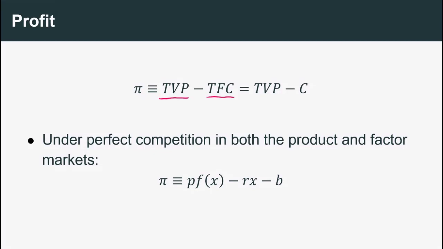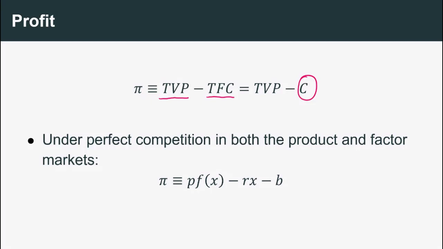One is TVP and the other is TFC. Again, TVP here is the total value of the product, and TFC is the total factor cost. So F here means factor or input, and we introduced capital C to represent total factor cost. So this is the general profit.